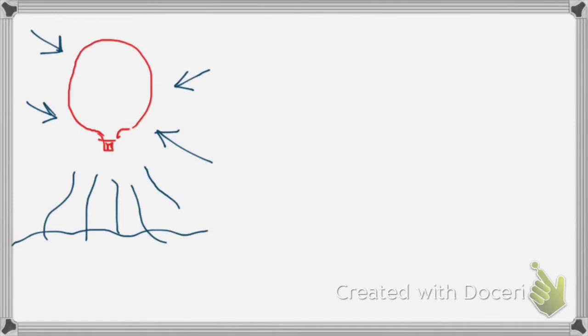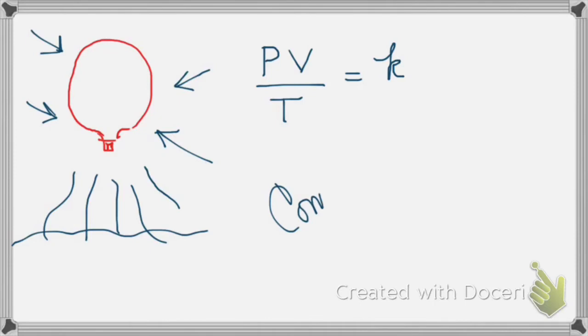We would find that these three variables work together, so that pressure times volume over temperature would equal a constant if the amount of gas is held constant. This is what is known as the combined gas law, and that is what we are going to talk about today.